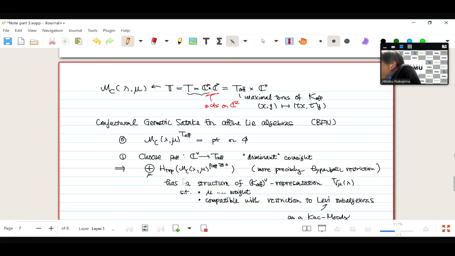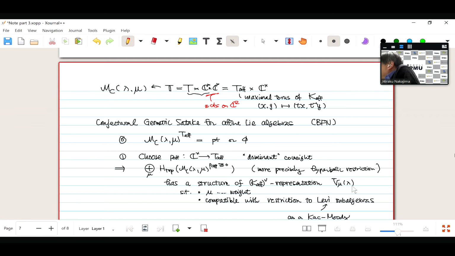So the main statement is, this vector space, so this is not the equivariant one, so this is just the usual homology. So it is a complex vector space. We take the direct sum. So this has a structure of the Langlands dual affine D algebra. And this mu part, a direct summand of this, corresponds to a weight subspace of the integrable highest weight module with highest weight lambda.